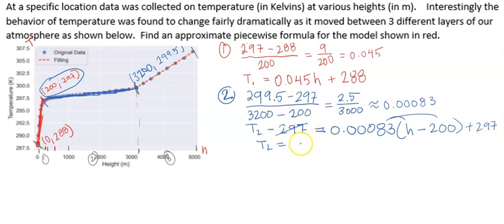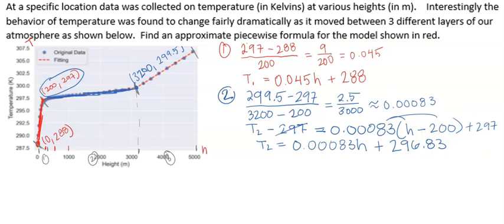So 0.00083 h, and then if I take that same number and multiply it by negative 200, and then we're going to add 297, I get 296.83. Okay, so there's piece number 2.